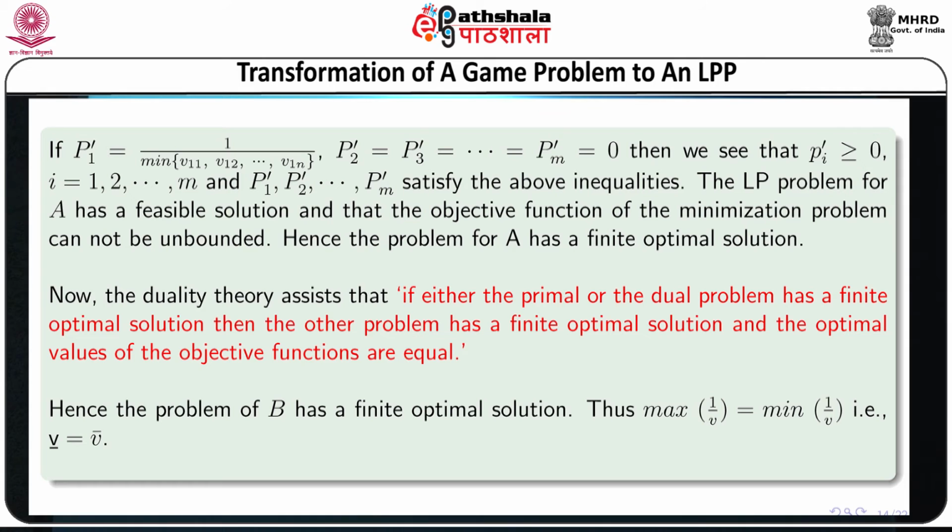Thus, we have proved that V lower bar is equal to V upper bar. From our discussion, we have come to know how we can transform a given game problem into an LPP. Now, we will show by an example how we can solve the transformed LPP by the simplex method.